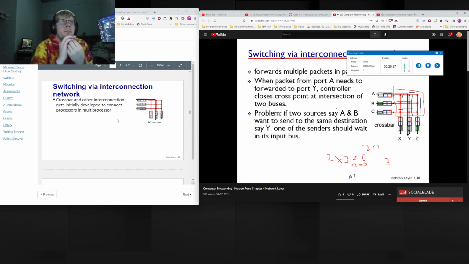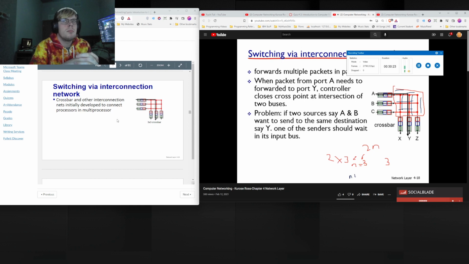So what is the general idea behind it? The general idea is, when a packet arrives at the input port, it travels along the horizontal bus attached to the input port until it intersects with the vertical bus leading to the desired output port.